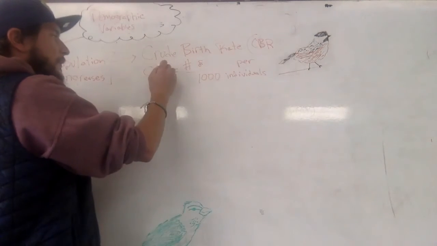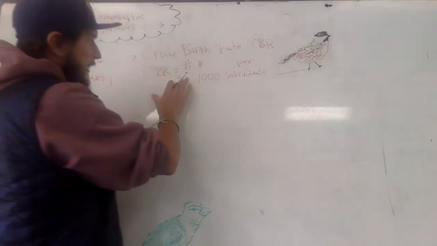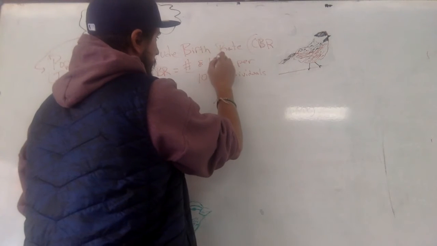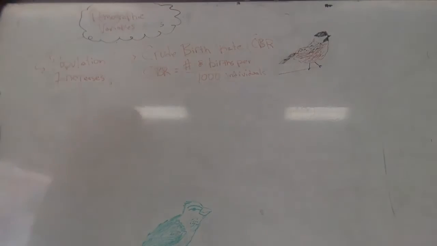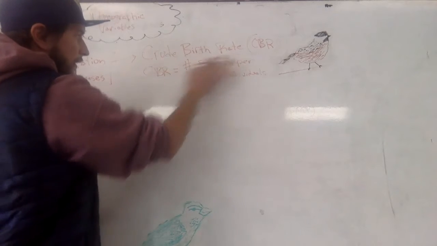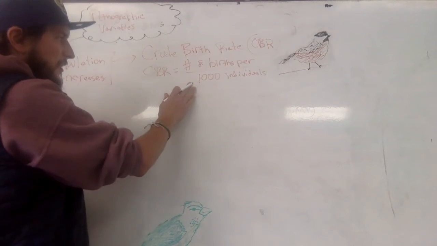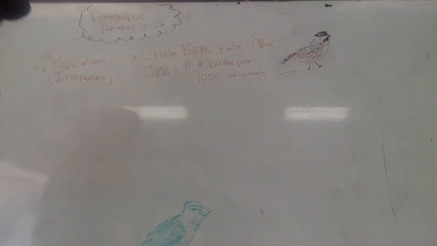Just like with crude death rates, these are unprocessed values. We're just looking at the total number of births per 1,000 people in a certain country or region. So if you wanted to actually do this equation, you would find the number of births in an area, find the population of the country divided by 1,000, and then run that equation.